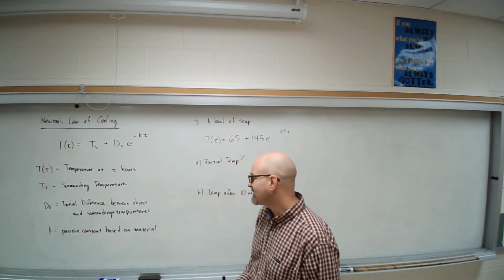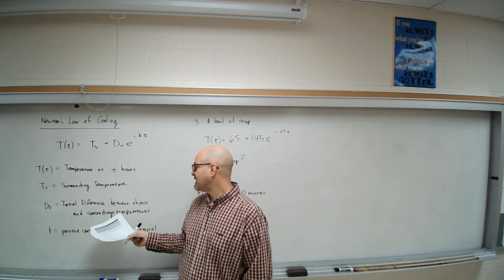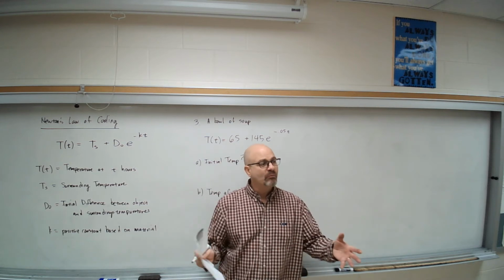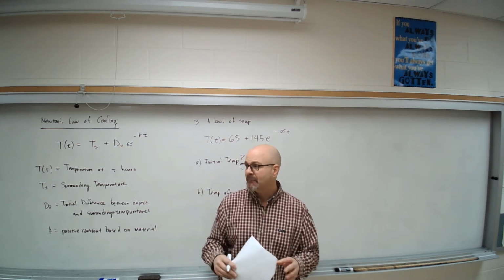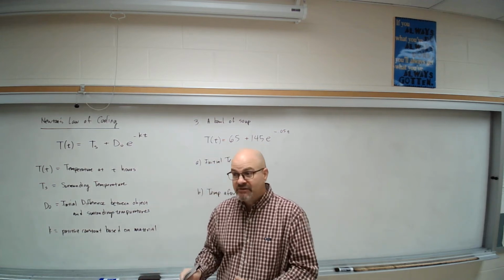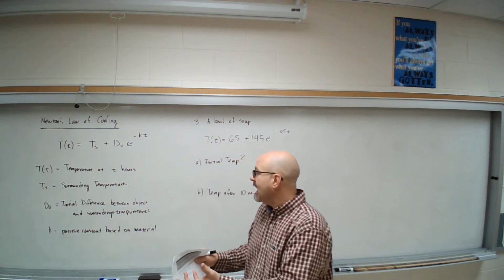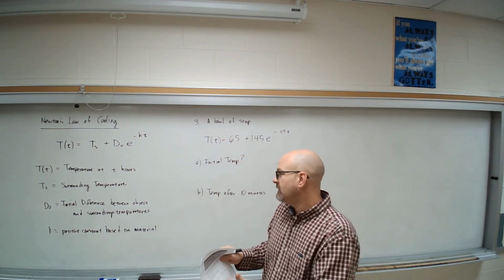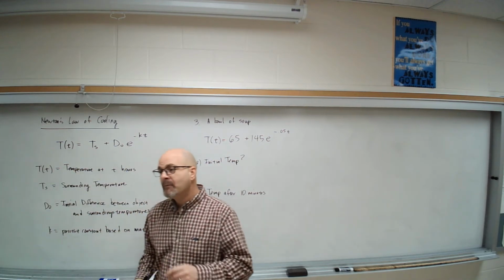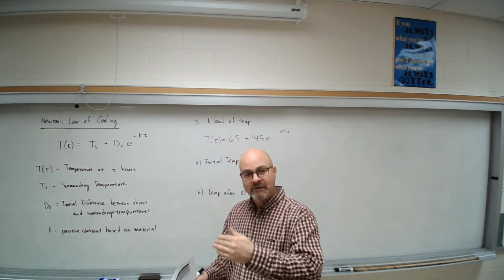D sub 0, this is the part that could be a little tricky for students. It's the initial difference between the object and the surroundings temperature, right? So throughout this whole model, the surroundings should be at a constant temperature. But if I have a boiling pot of water, it should be 212 degrees Fahrenheit to start with at sea level, and then it's going to decrease, but we'd find the difference between that.